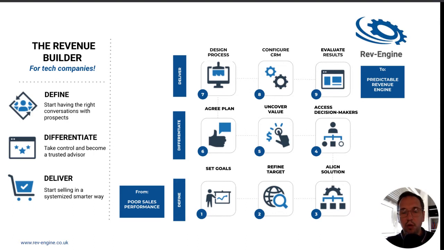They're working really hard, but maybe not on the right things, maybe not selling to the people who have the biggest need for their solution, or they're working on prospects that aren't qualified for many reasons: either because they prefer a different solution to yours, or you're not talking to decision makers, or there's no value for them in moving forward, or there isn't a plan for you to work with them to help them make an informed decision.